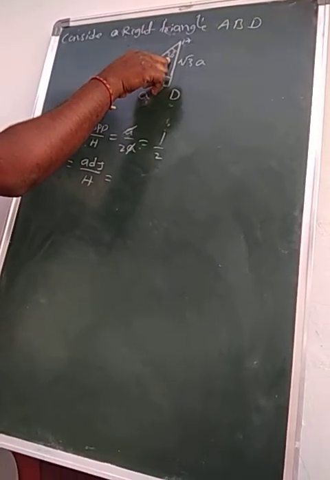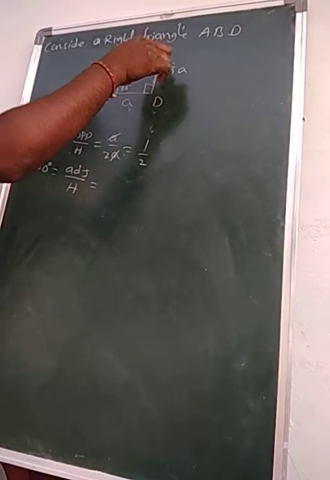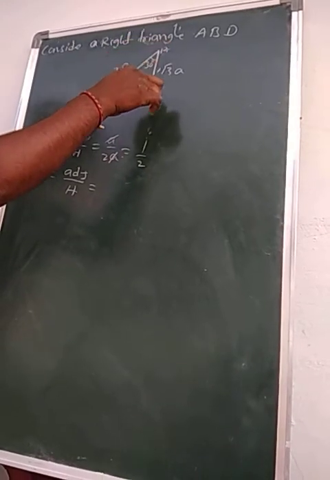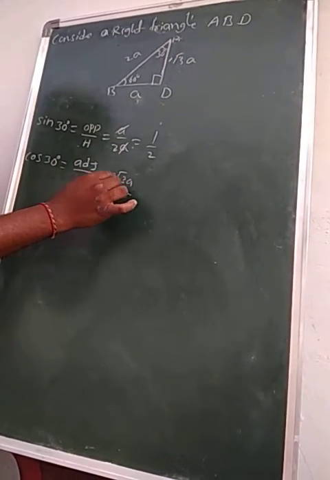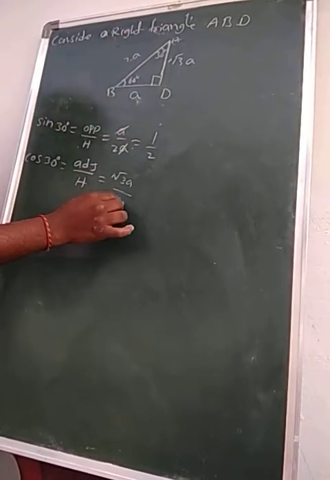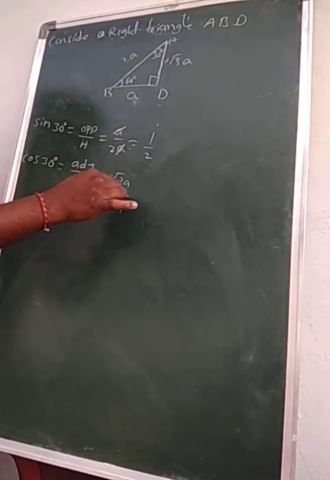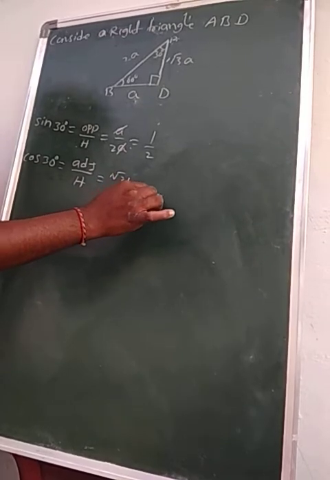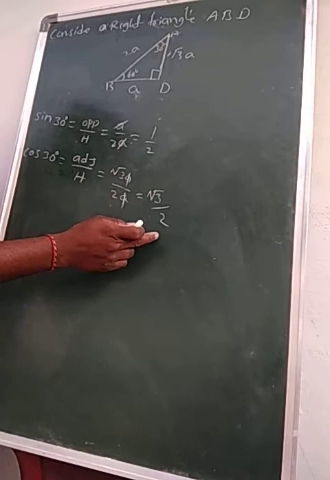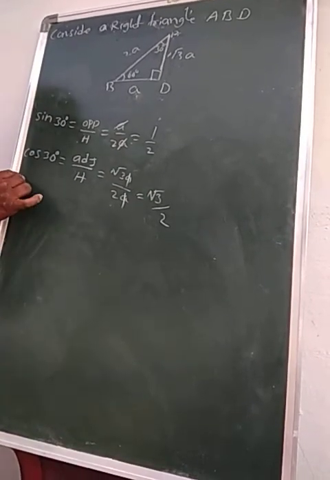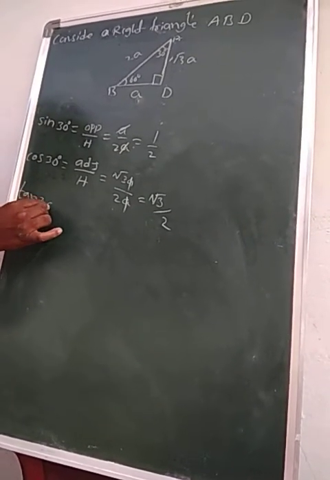The adjacent side is AD, that is root 3A, by hypotenuse, that is 2A. A cancels, so cos 30 degrees equals root 3 by 2.